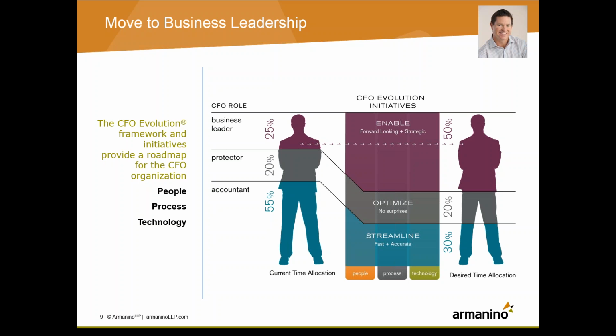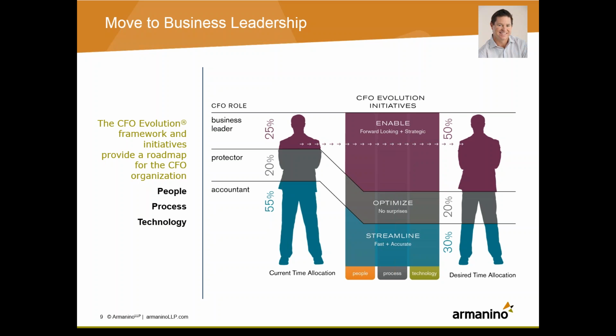The first is the accountant role of the CFO organization. The second is the protector role. And the third is the business leader role. If you look at a lot of the survey results, CFOs really want to spend more time in the leadership role, but are stuck in the accountant role.